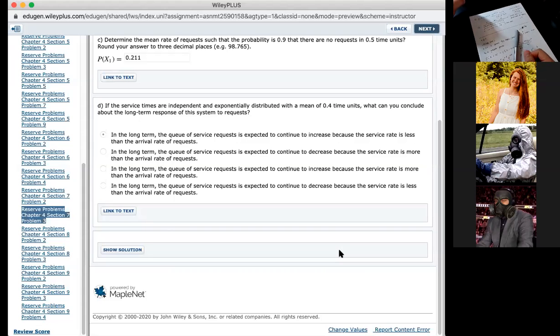Then we need to figure out how many services can be done in one time unit. That's called the service rate.